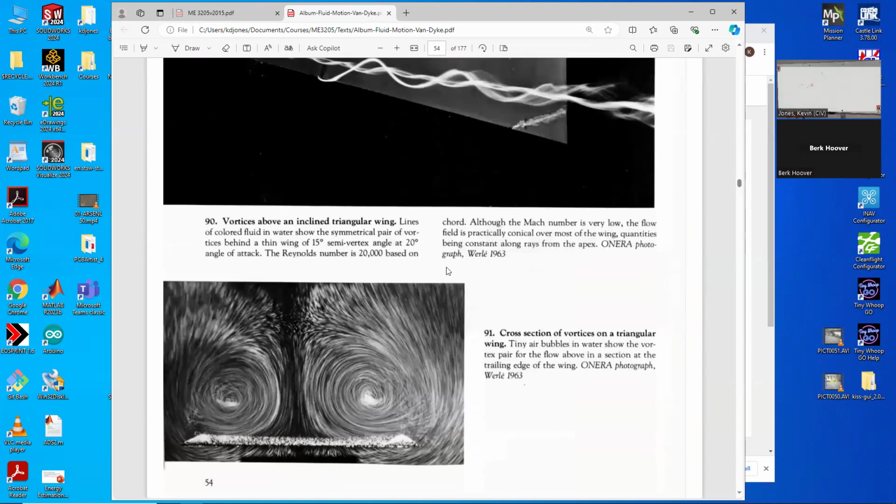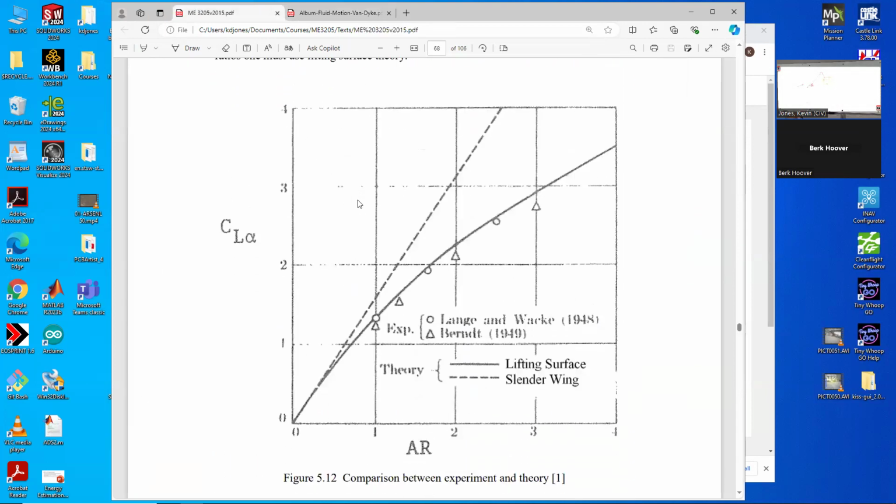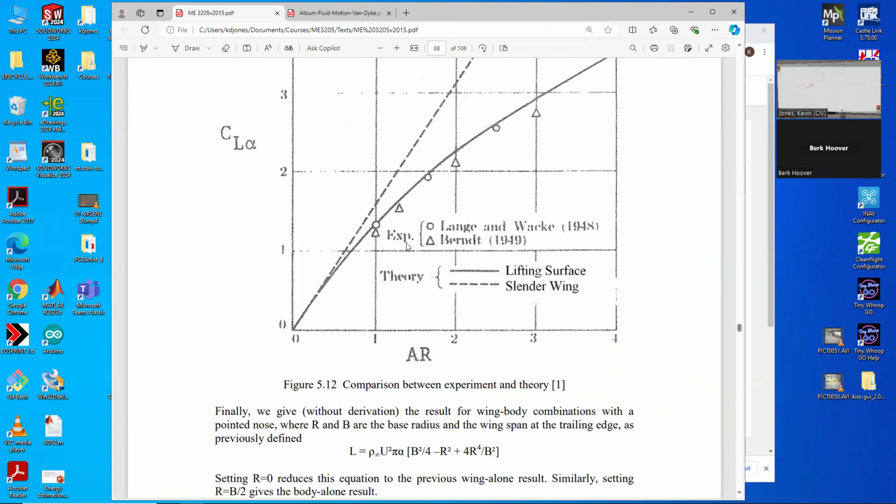That might be all he's got. And I think Platzer has. This is useful. Let's see. So here's lifting surface, some experimental stuff, and then this is, let's see.